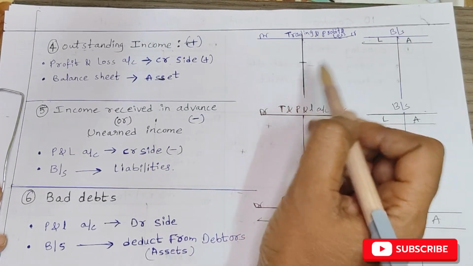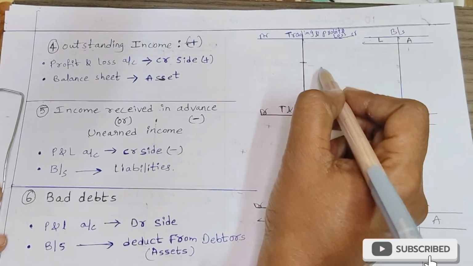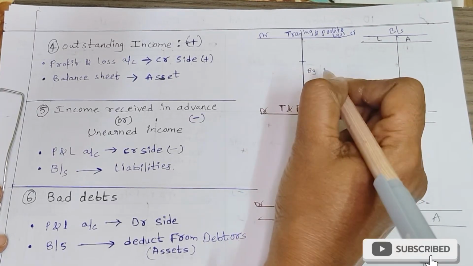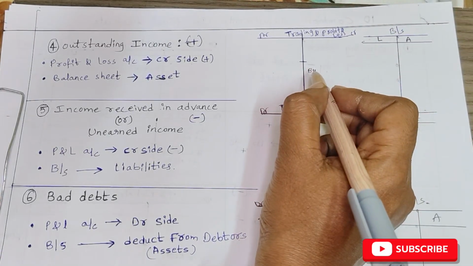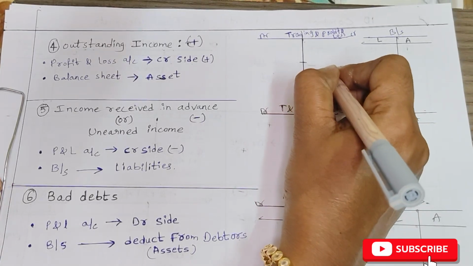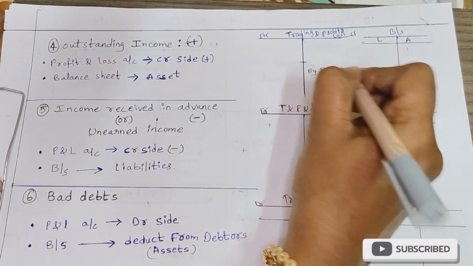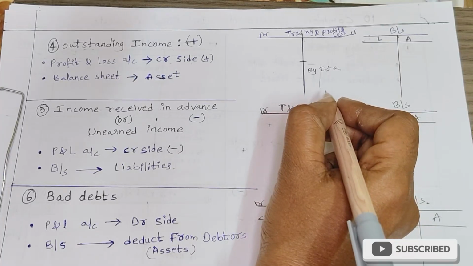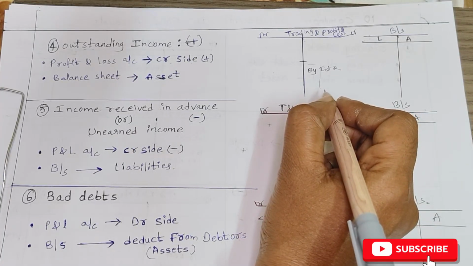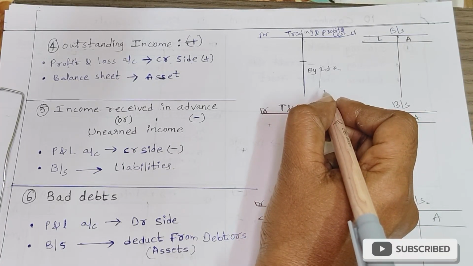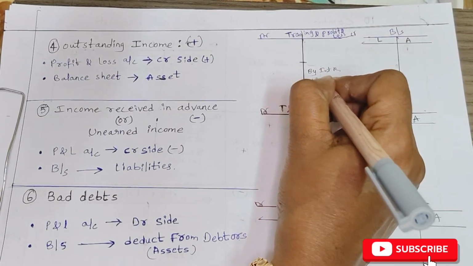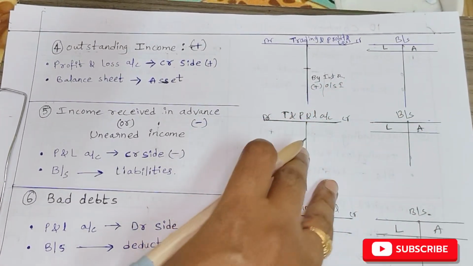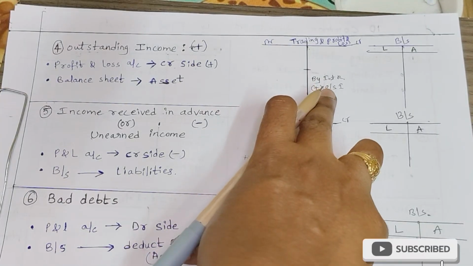Already we have interest received. For that, in the adjustment, outstanding interest received is given. What should we do? Add outstanding interest on the credit side of the profit and loss account.